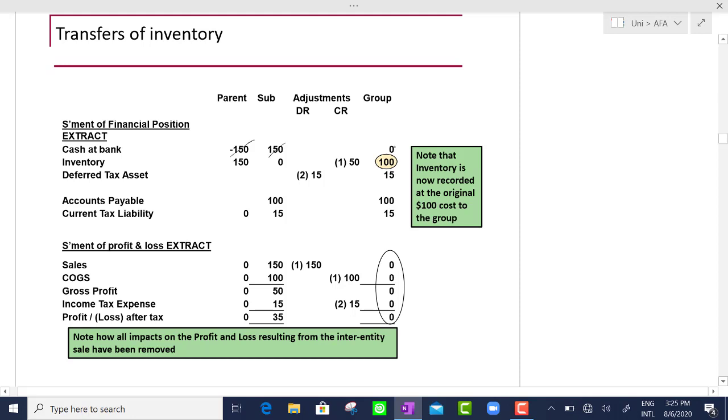I showed that earlier, right? Inventory we had 150, it has been overstated by 50, therefore we credited 50 to the inventory, then it came to the cost 100, and we recognized a deferred tax asset of 15, then it comes to the consolidated financial statement as an asset, right?